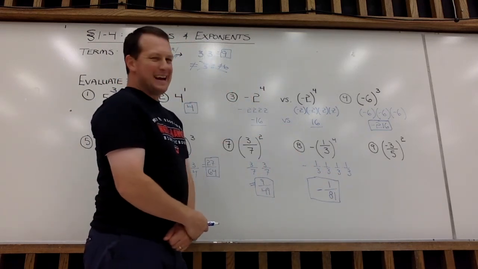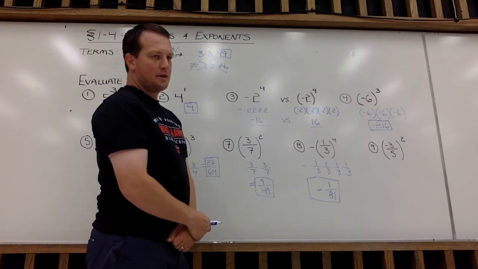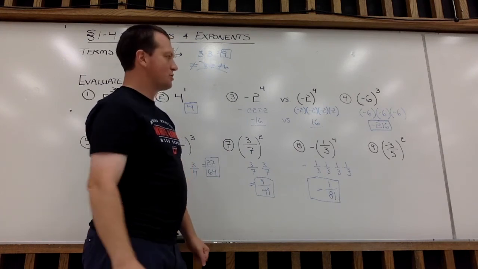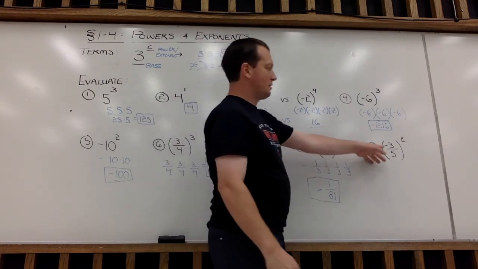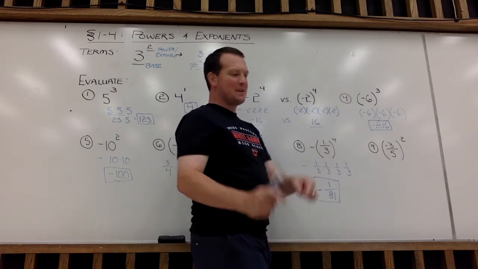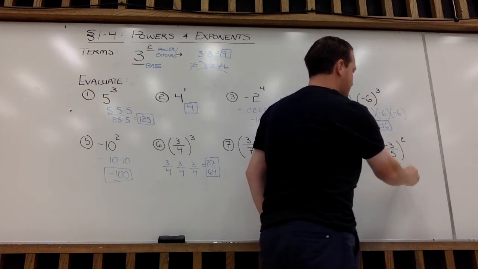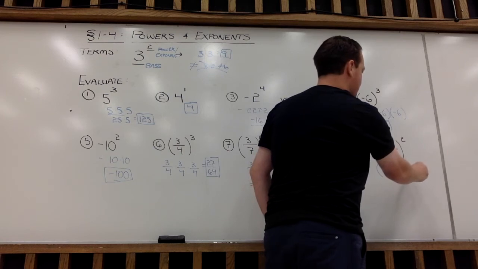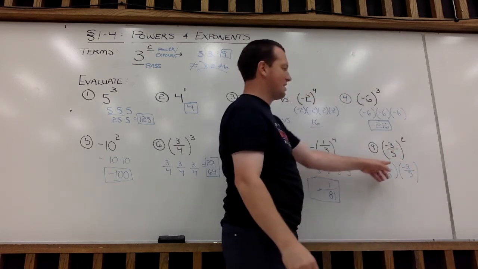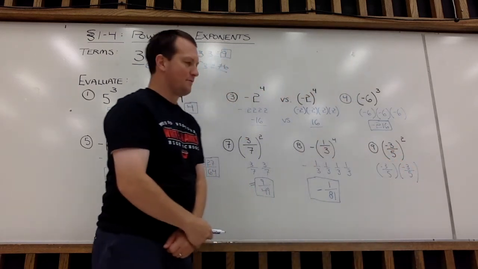Finally, example 9, before we get to the mean calculations, averages, I'm going to take a look here and see the minus sign is inside parentheses. So I'm going to multiply the negative 3 over 5 times negative 3 over 5. I'm keeping that minus sign in each of the individual values.